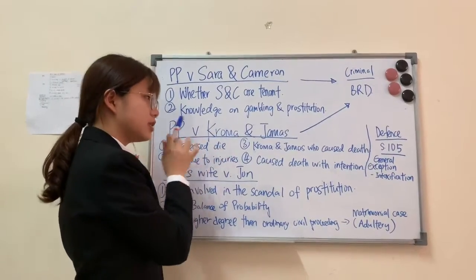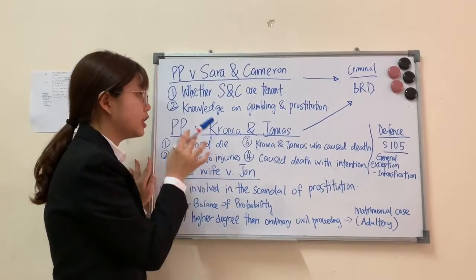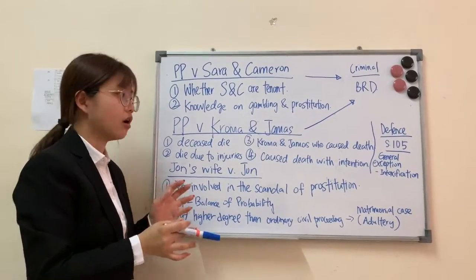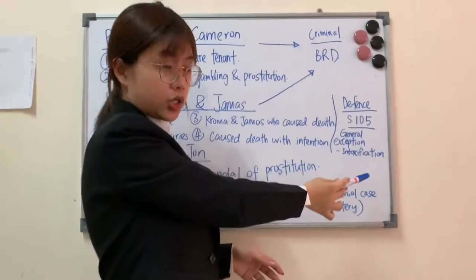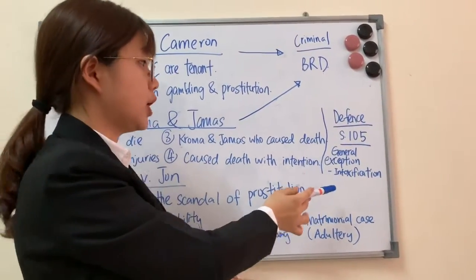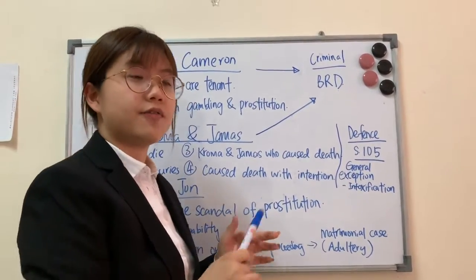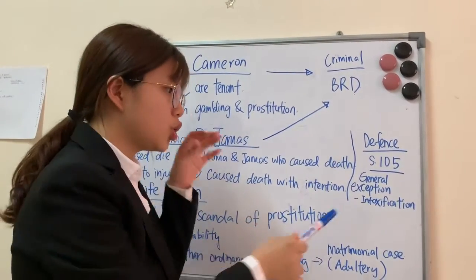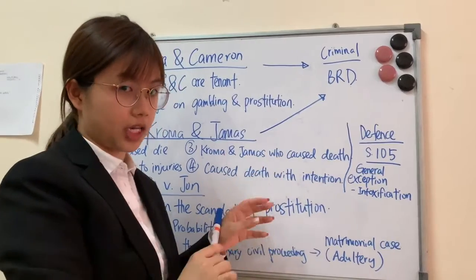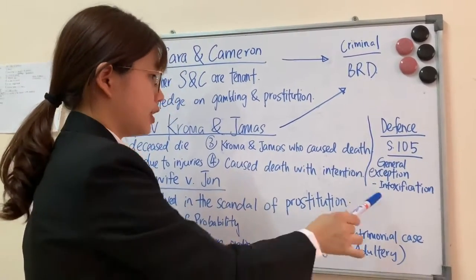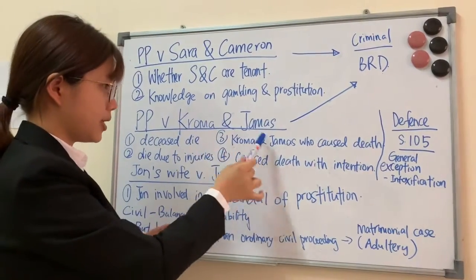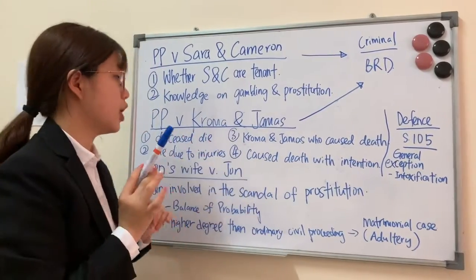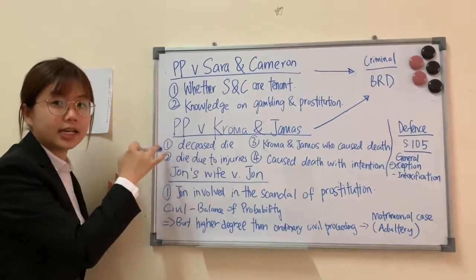In this situation, the accused, Chroma and Jamas, raise their defense on a general exception, which is intoxication, stated in the Penal Code. And according to Section 105 Evidence Act that I have discussed just now, the accused has the legal burden to prove the general exception used in his defense. So the defense brought up by Chroma and Jamas is intoxication, and the legal burden is on the accused. So this is basically the second case.